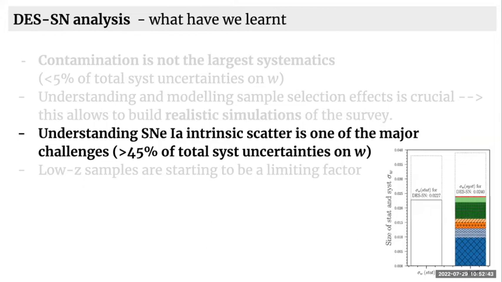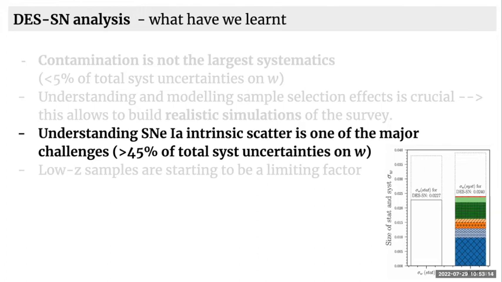Next slide. The error budget I just showed screams the message: we need to understand supernova intrinsic properties. And most importantly, we need to understand if a photometric, contaminated sample is good enough to make some steps forward in understanding supernova intrinsic properties.